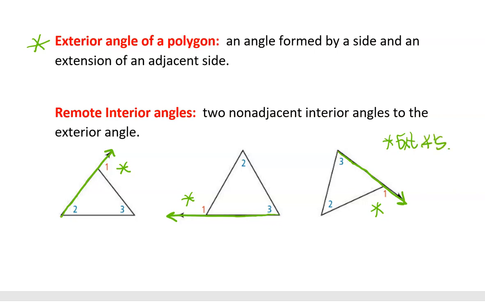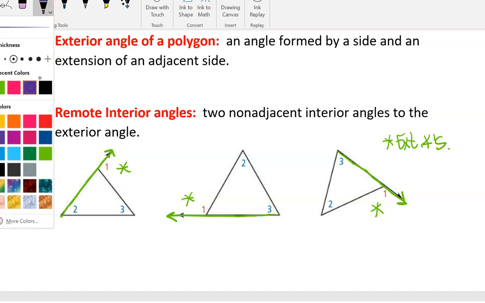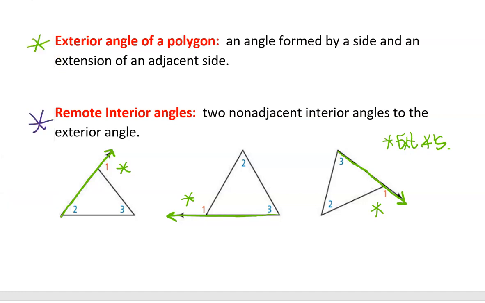A remote interior angle are the two non-adjacent interior angles to the exterior angle. So I'm going to mark these in purple. So if this right here is an exterior angle, this one and this one are remote interior angles. Notice it's the only one that is not here, because that's supplementary. It can't be a remote angle and a supplementary angle all at the same time.